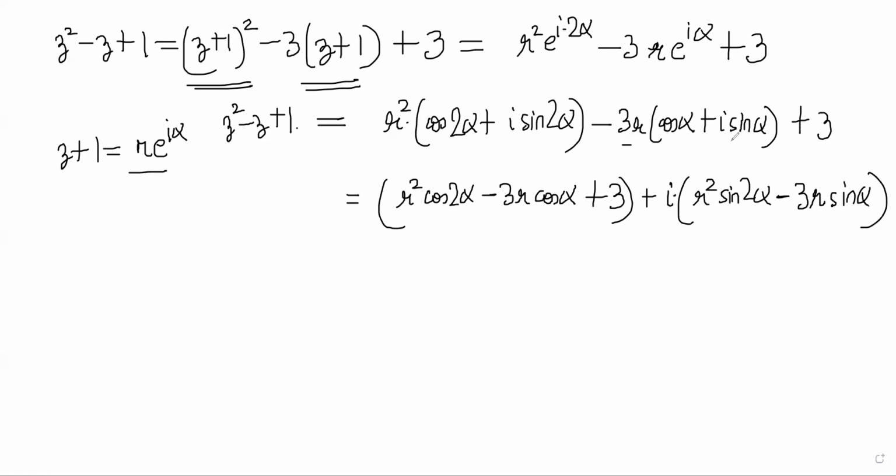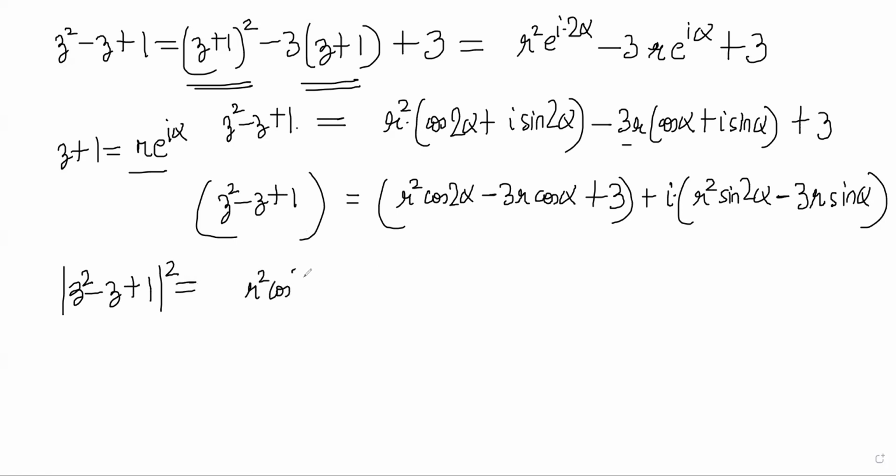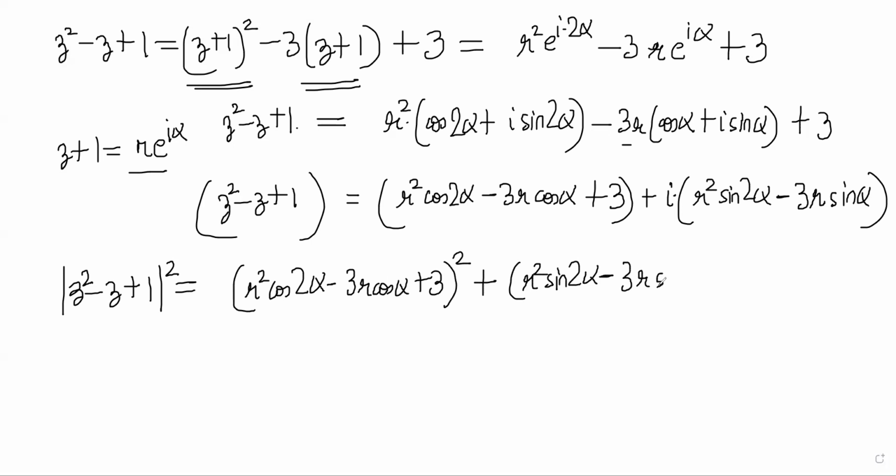This is your z square minus z plus 1 complex number. If I want to take mod of z square minus z plus 1 whole square, I would have to say that is equal to r square cos 2 alpha minus 3r cos alpha plus 3 whole square plus r square sine 2 alpha minus 3r sine alpha whole square, right?